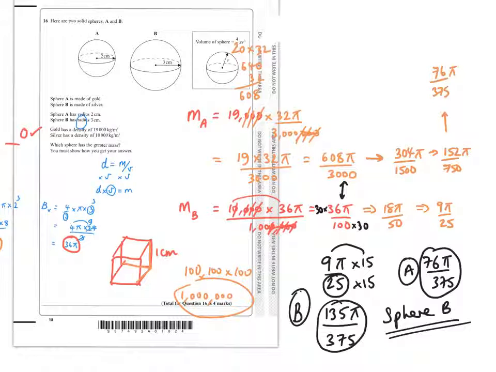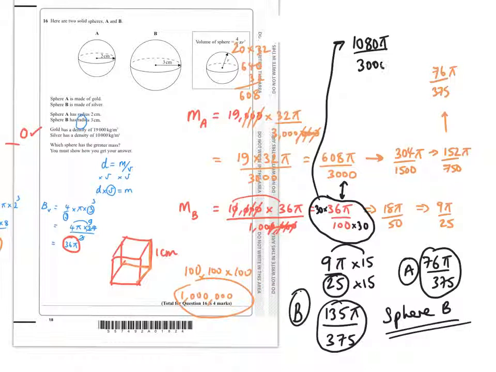And then what I'd get from this one is, if I just put a circle around this one here and create some space at the top here, I'd have 3 times 36, which is 108, so I'd have 1080 pi over 3000. Then I've got the denominators to match a lot more quickly than I did before. So we'd get 1080 pi versus only 608 pi for sphere A. So again, you can say sphere B.